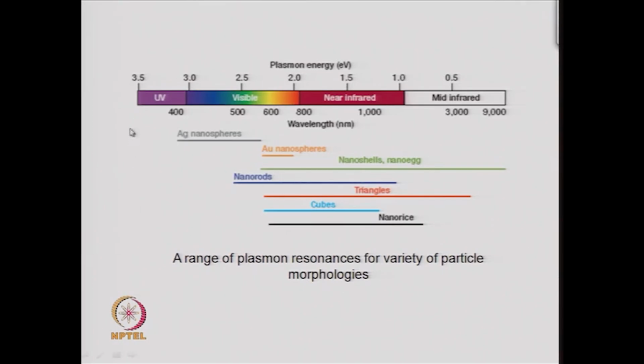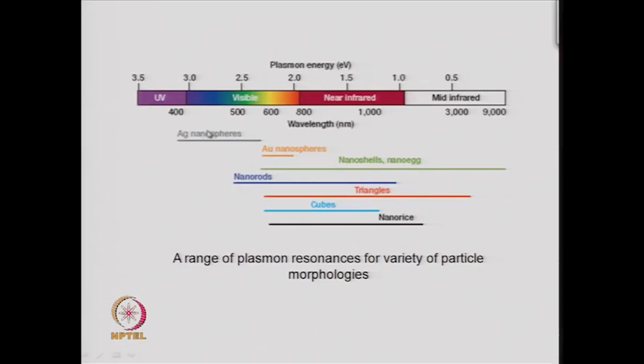From that one can find out what kind of particles will show what kind of plasma frequency or plasma energy, and whether it lies in the visible region or not. If it lies in the visible region, then due to this surface plasmon resonance you will see a color. If it does not lie in the visible region, you will not see the color.